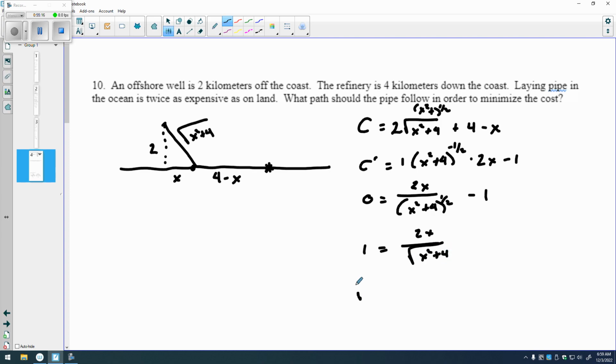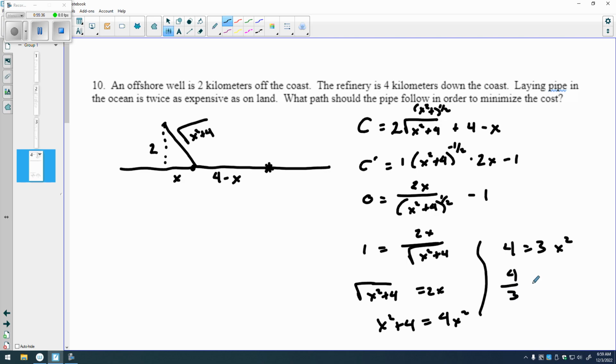Cross multiply. Square both sides. Subtract x squared. Divide by 3. Take the square root. And there's my x.